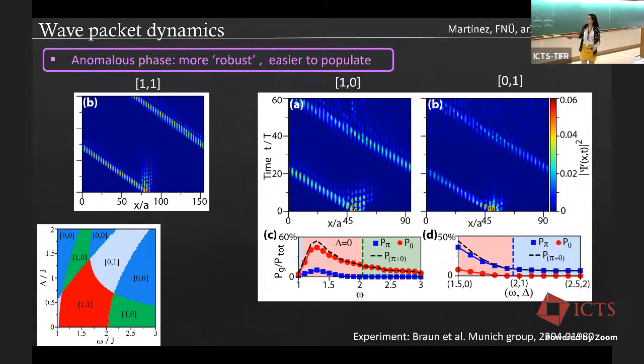This is visible in the color scale here, although not that visible, but we can actually quantify this. So here we induce the wave packet at the same place across different points in different phases, like this cut along the line. We induce the wave packet, and then we look at the probability overlap of this wave packet with the edge states that are present.